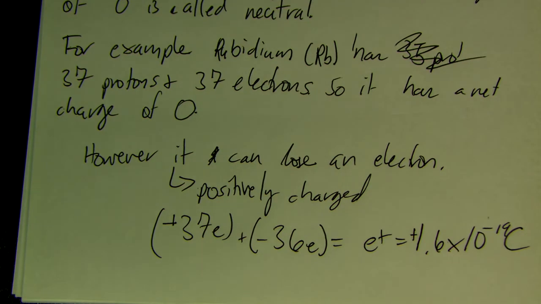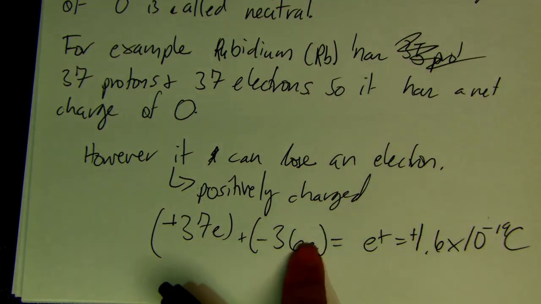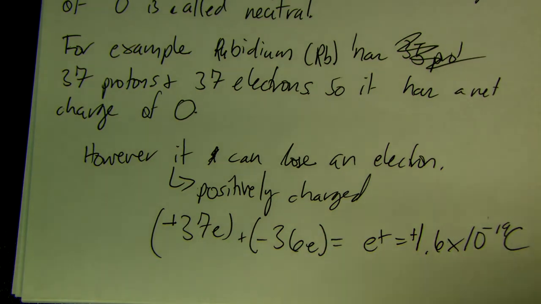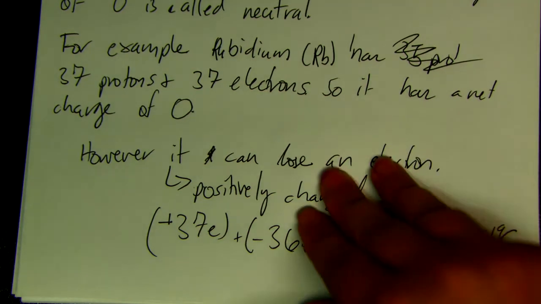If it loses an electron, it would have 36 electrons instead of 37, so it would have a net charge of positive 1.6 times 10 to the minus 19 coulombs.